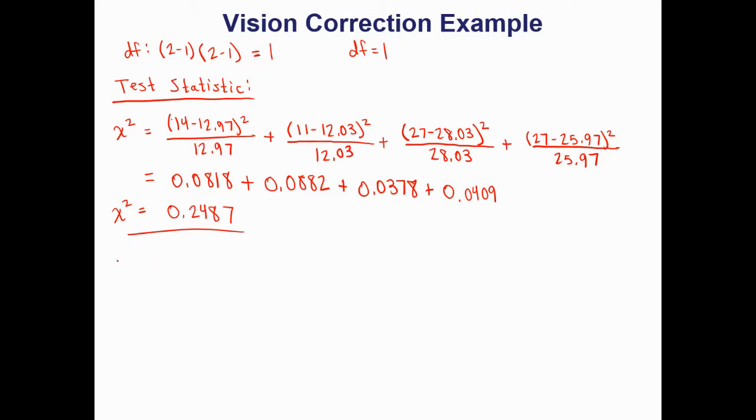What's our next step? P-value. So if we use our table, what would the table tell us? Remember, 1 degree of freedom.